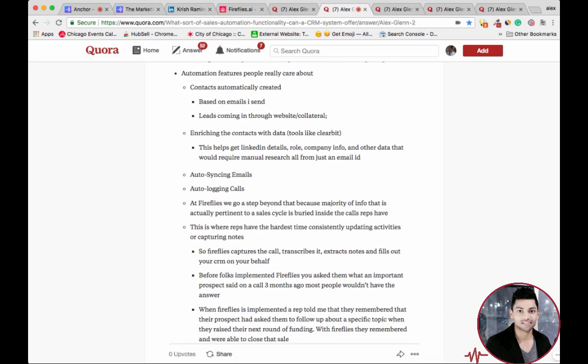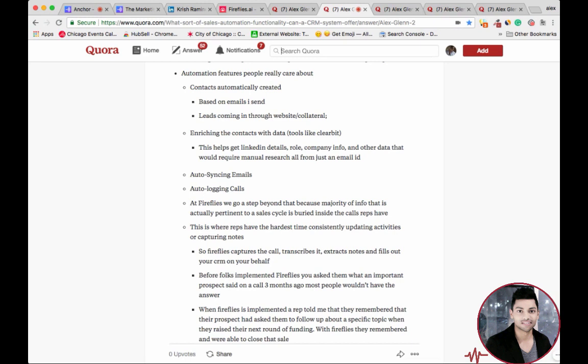There's tools like Clearbit that help you get important information, fill out fields like role, company info, and other data automatically just based on the email that's inputted inside your marketing or CRM system. And then auto-syncing emails. Every time I send an email, a receipt of that gets stored into the CRM. Auto-logging calls when I make a call through the CRM system. So all these things are helping with the activity process, is what I feel.